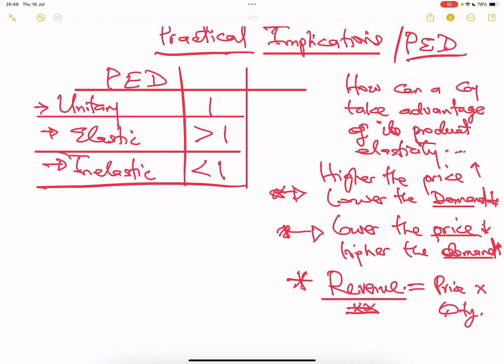But if I reduce the price and they buy a lot, what happens to my revenue? Does it go up or does it come down? That is the practical implications that we are talking about. So the decision a company would take, either decision A or decision B, depends on the price elasticity of its product.